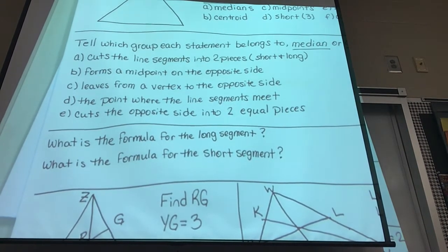So I wrote down on A, cuts the line segment into 2 pieces, short and long. So you will write down that that either belongs to the centroid or you write down that that belongs to the median. So you're going to have to know these things. So you got to do that. That is part 2.